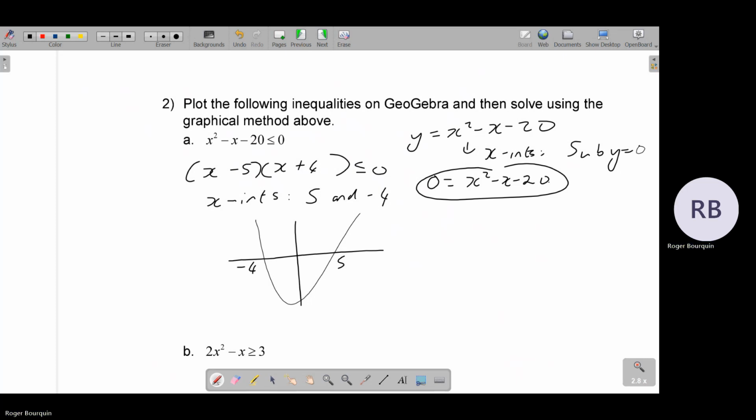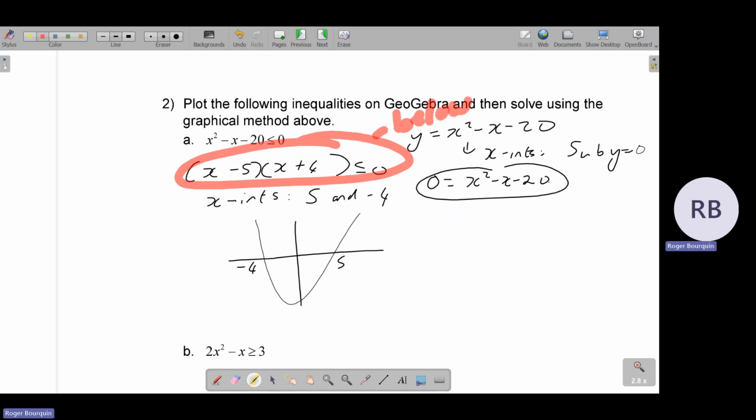Are we looking for the bits above the graph or below the graph? Look at that last line. It says less than or equal to 0, right? So we're looking for the part below. Below the graph is going to be that bit over there, so that's the part of the graph I'm looking for.